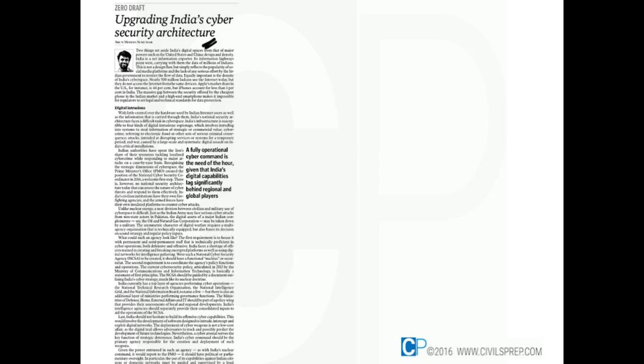Now, what are the steps taken by India? India launched the cyber security policy in 2013, and then it brought in a National Cyber Security Coordinator in the Prime Minister's office in 2014. Though these steps are there, they do not provide a clear plan of action on installing cyber security in India.